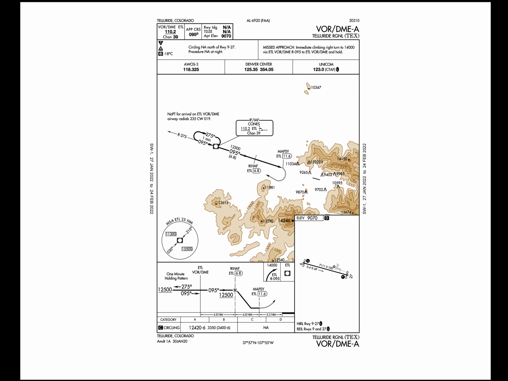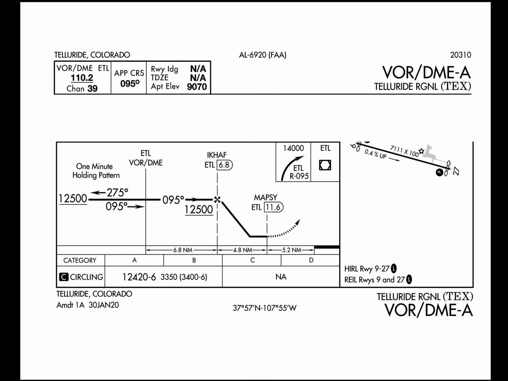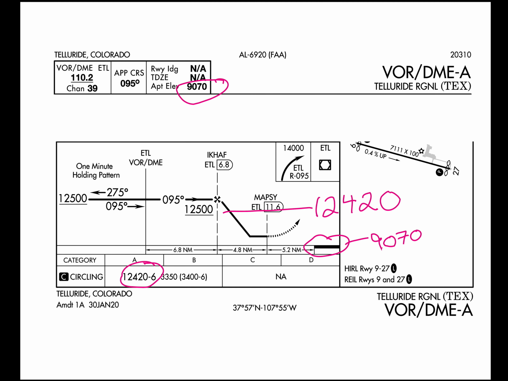When we come here to Telluride, look what we see at Telluride. We see one heck of a steep-looking approach, don't we? And certainly it is. There's no question that at Telluride you have to lose quite a bit of altitude from the final approach fix to land, on the order of over 3,500 feet.